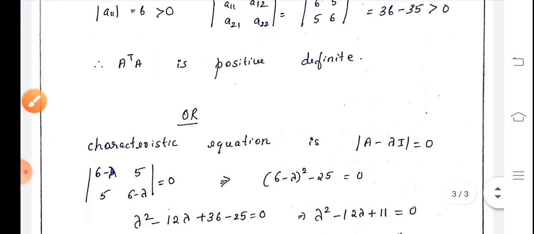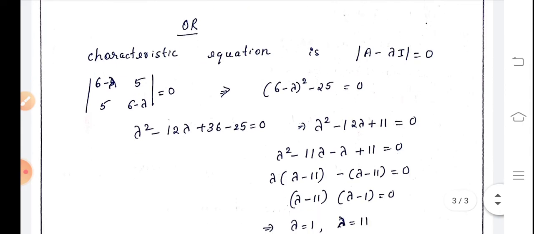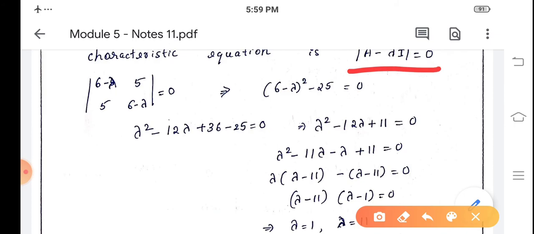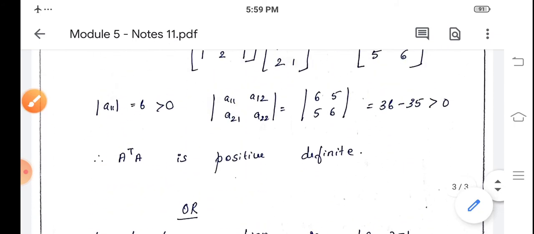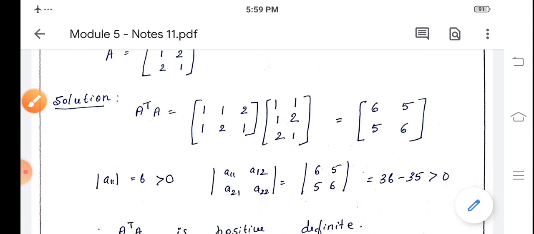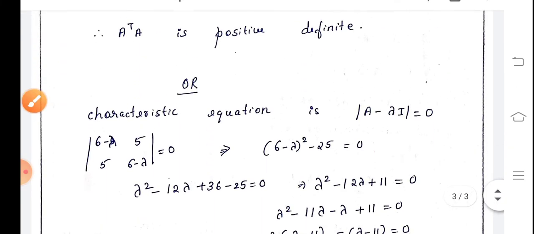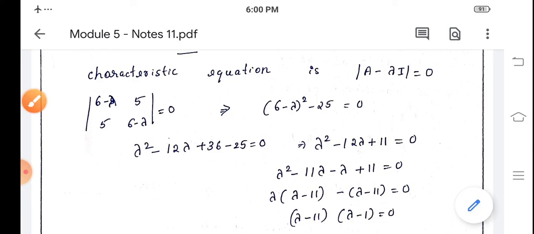We can also test the matrix for positive definiteness by finding the eigenvalues. The characteristic equation is determinant of A minus lambda I equal to 0. So here we find the characteristic equation for A transpose A, that is determinant of 6 minus lambda, 5, 5, 6 minus lambda equal to 0.